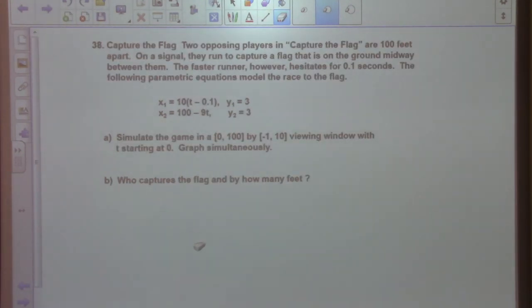And problem 38, we're given 2 functions here, and we're given 2 windows here. I want to tell you something that I recommend though. For this, it says y1 equals 3 and y2 equals 3. My recommendation is to make y2 equal to 5.